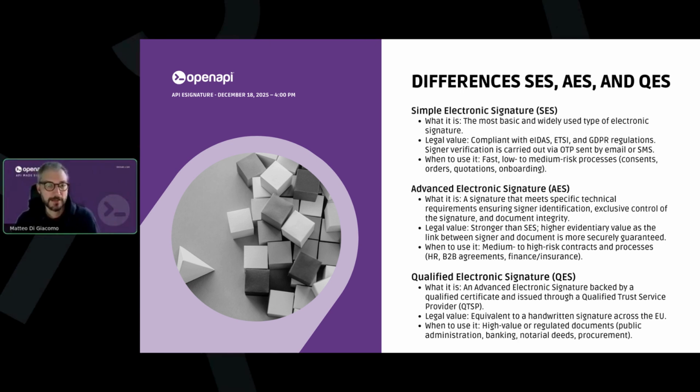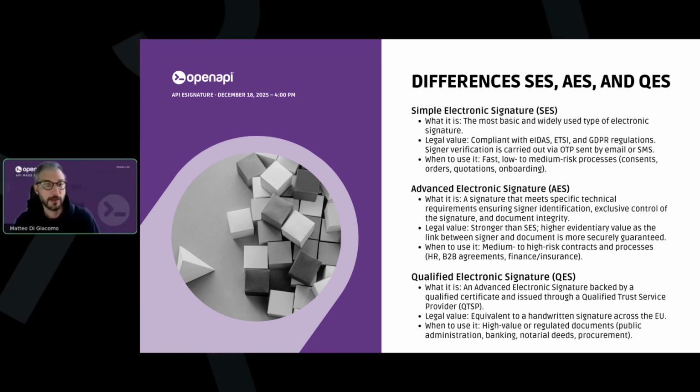Let's see the differences between simple, advanced, and qualified signatures. You can tell something just from the names. Anyway, the simple one is what we're doing now. It's the most basic and popular. But even though it's the simplest, it still has a verification process despite being basic.